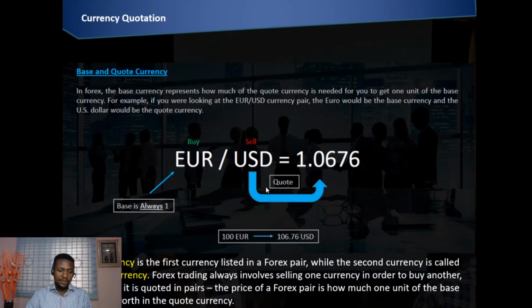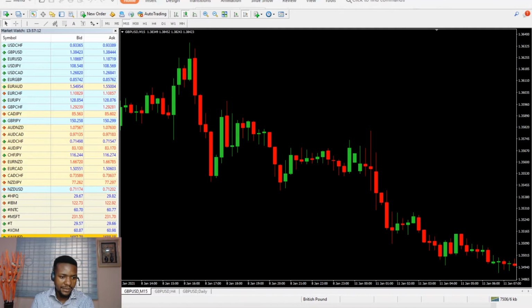So a base currency is the first currency listed in a pair, while the second currency is called the quote currency. Forex trading always involves selling one currency in order to buy another, which is why it is quoted in pairs. The price of a forex pair is how much 1 unit of the base currency is worth in the quote currency. Let me show you what it looks like on a real chart.